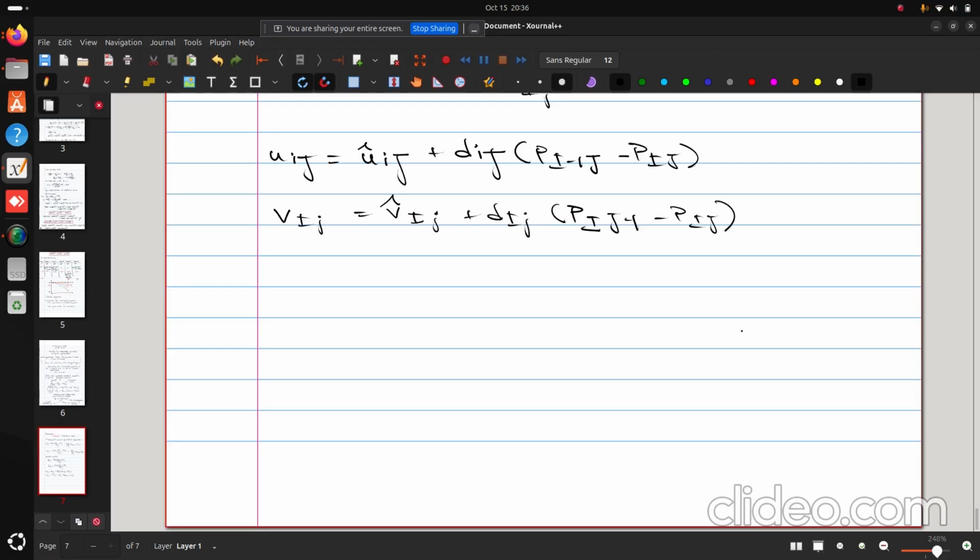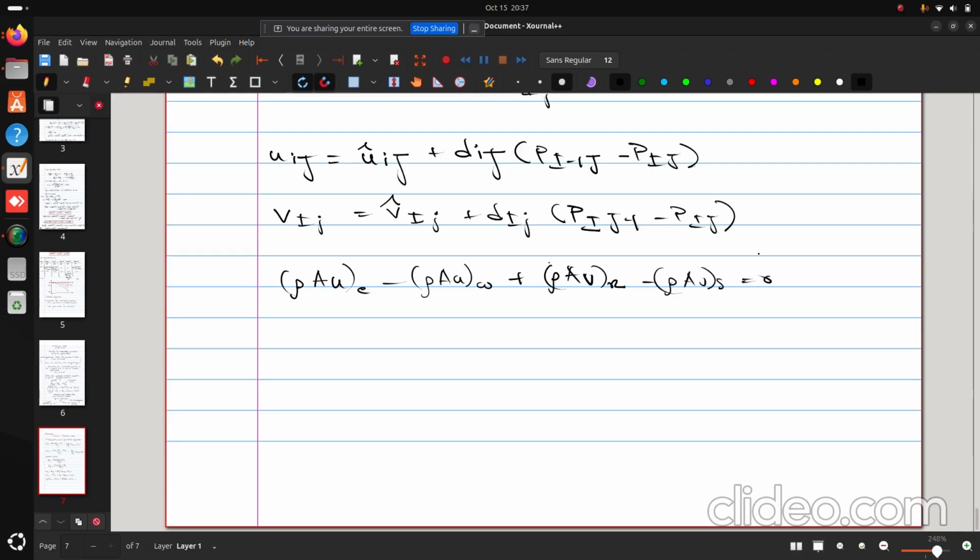Now if we introduce these relations in the continuity equation, which is nothing but rho A U, say at the east face, minus rho A U in the west face plus rho A V in the north face minus rho A V in the south face.